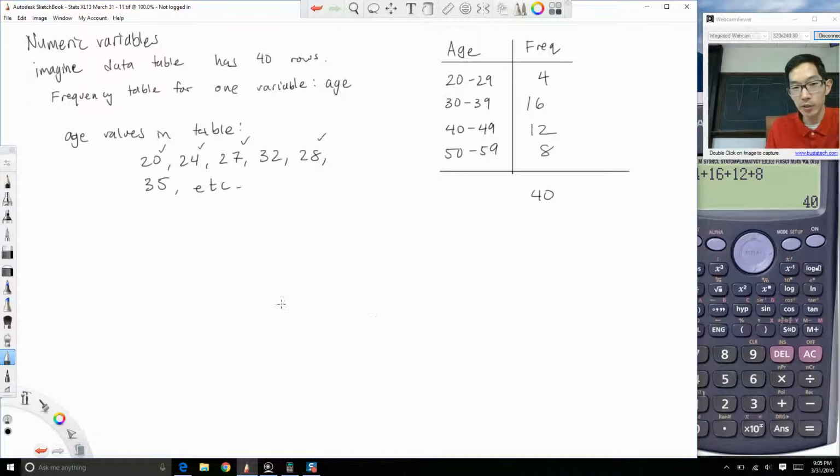So you go through and you do this, and so now when you create your display, we have the histogram.